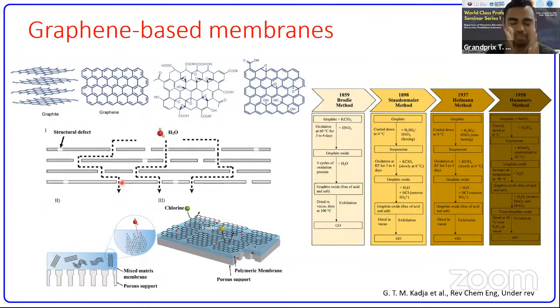Just imagine if we have nanosheet layers with vertical alignment, it could also create nanochannels. So it doesn't matter if the nanosheets are horizontally or vertically aligned. Both alignments can be used to separate the molecules. So that is another advantage of nanosheet inorganic fillers.